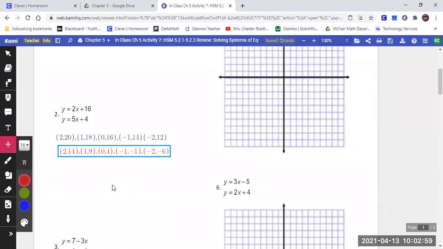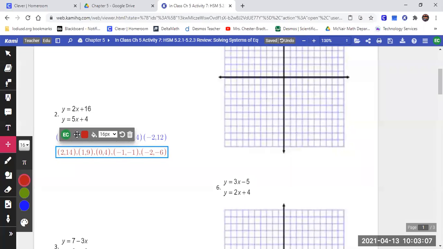Okay, do we see the same number on the table, on the list we already have? Did we find the same number yet?